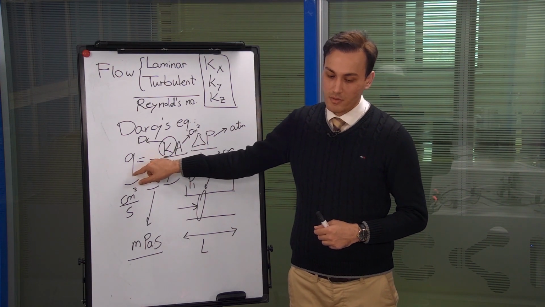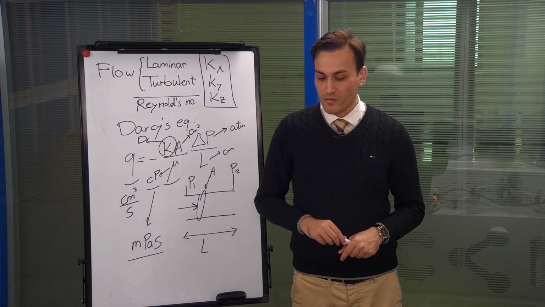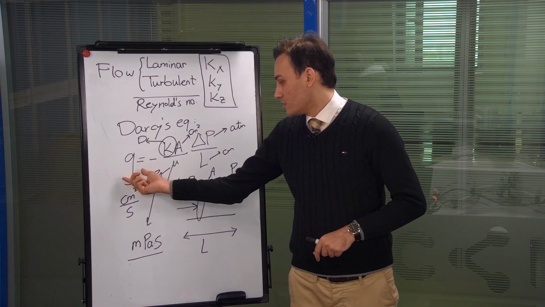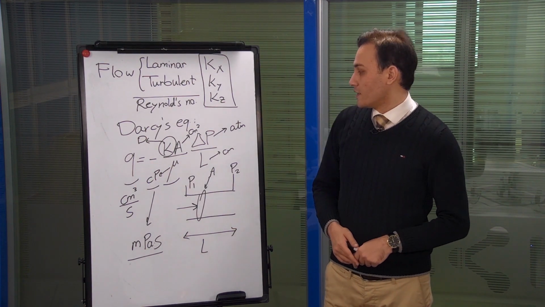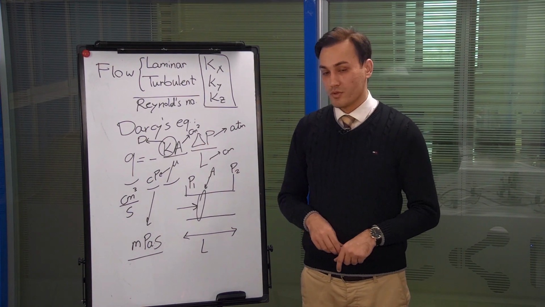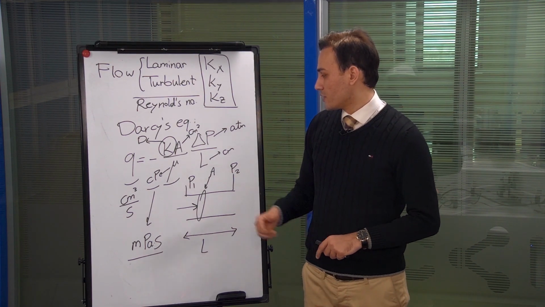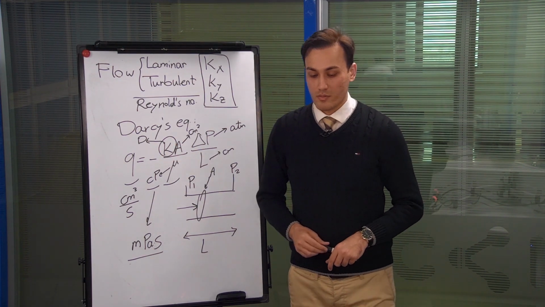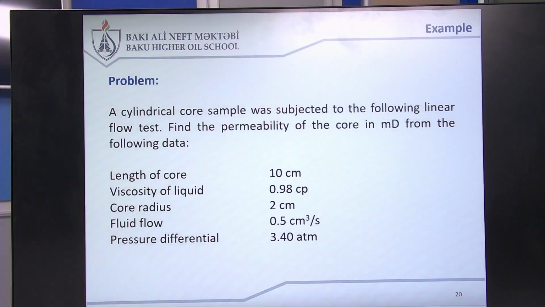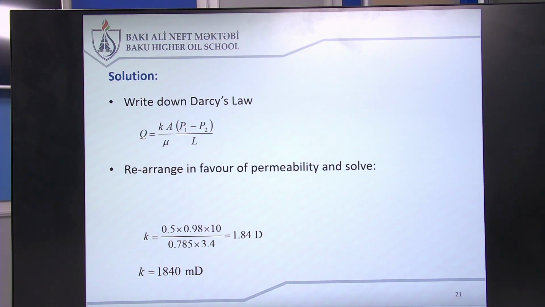We have the rate. As you can see there, fluid flow is this part of the equation, and if we just put them in the equation, then we can find the value for the permeability. As you can see here, they just rearrange the equation for permeability, and then they replace the values and find the value for the permeability.